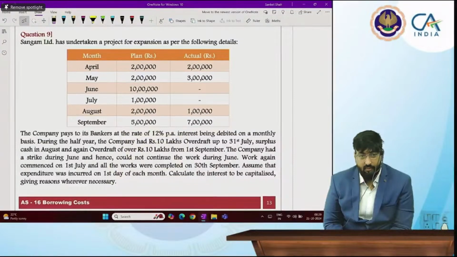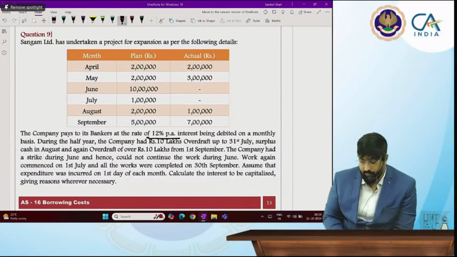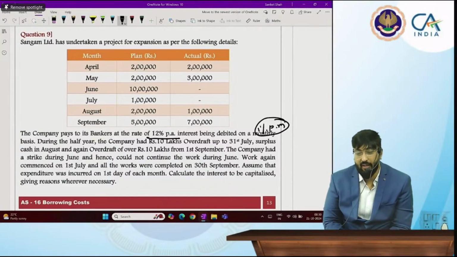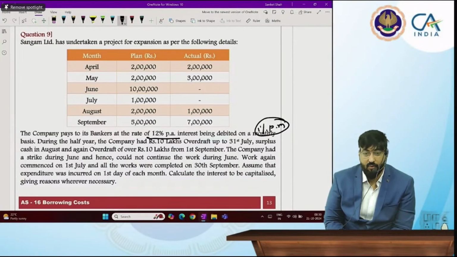The company pays its bankers at the rate of 12% per annum, interest being debited on a monthly basis. Monthly basis means 1% per month. 1% means cancel 2 zeros. On 2 lakhs, only 2000.